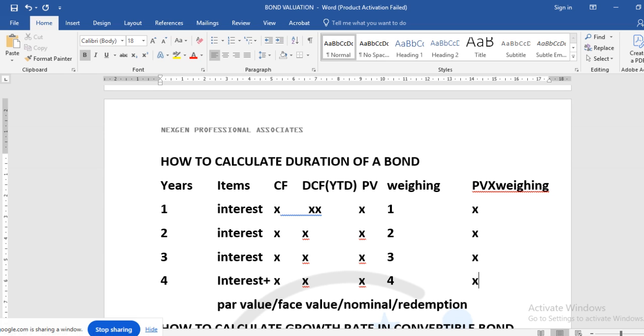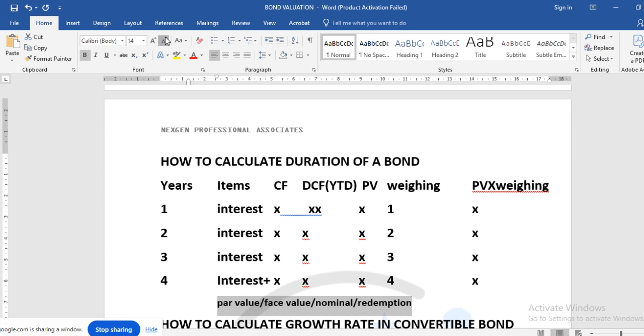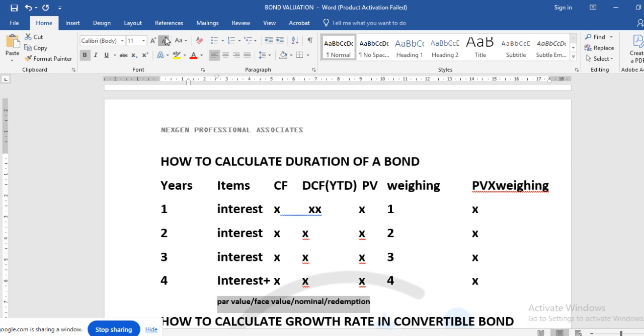So duration of a bond. Let me reduce this part so that if you don't understand, you can mute your mic. This is just how you will calculate duration of a bond. I'm just showing you how you will calculate it. Ideally, I'm supposed to just give you, but I want you to understand how it works, right? During that period of bond, you will pay interest.